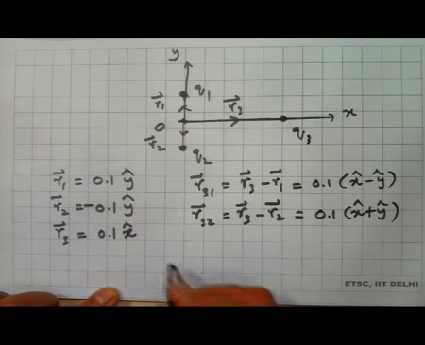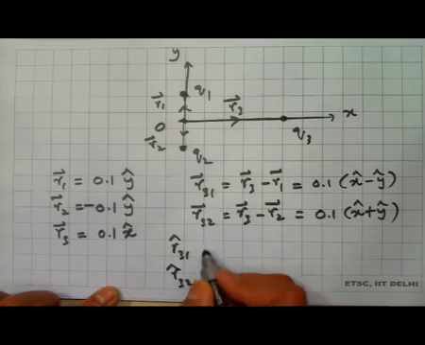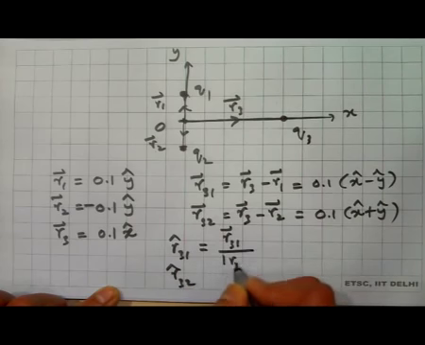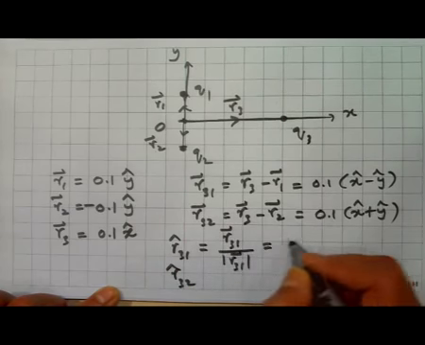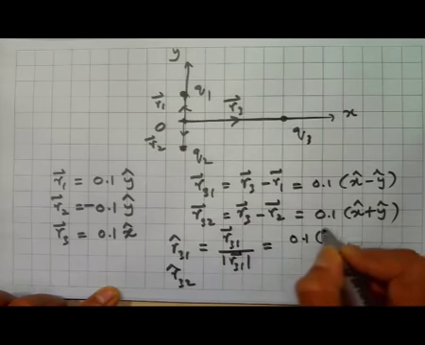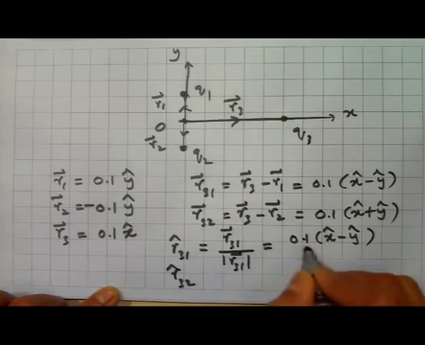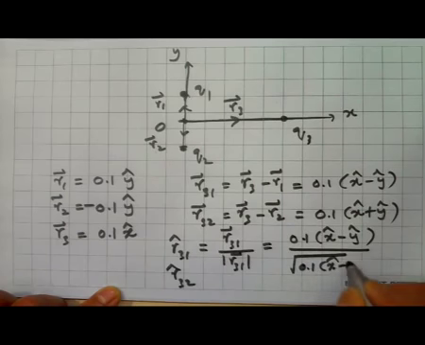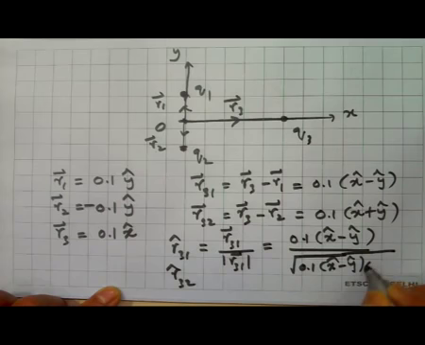So, I would need the r 3 1 unit vector and the r 3 2 unit vector. So, this is equal to r 3 1 vector by magnitude of r 3 1. So, r 3 1 vector is 0.1 x cap minus y cap divided by the magnitude of r 3 1 vector, which is the square root of 0.1 x cap minus y cap dot product with 0.1 x cap minus y cap.